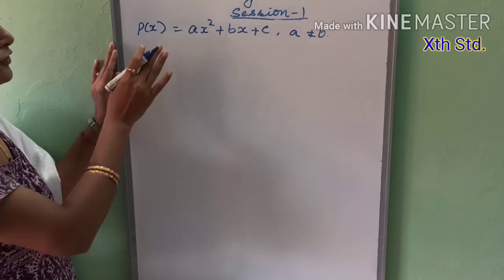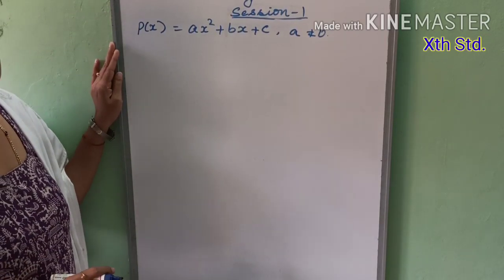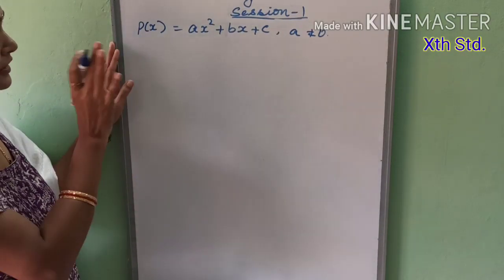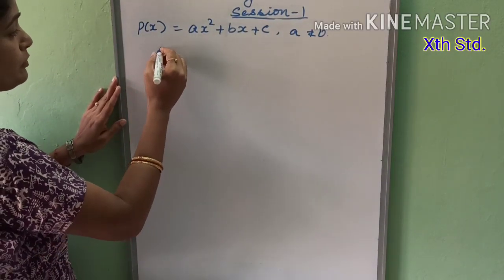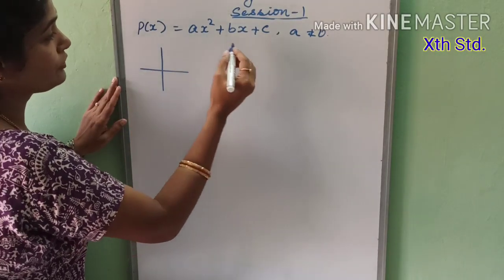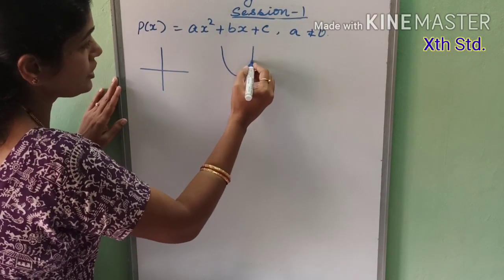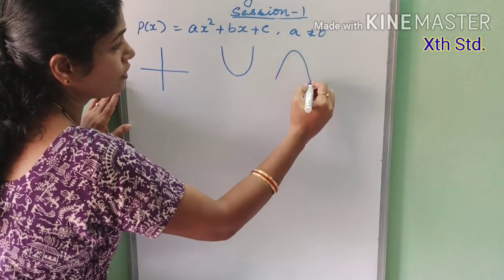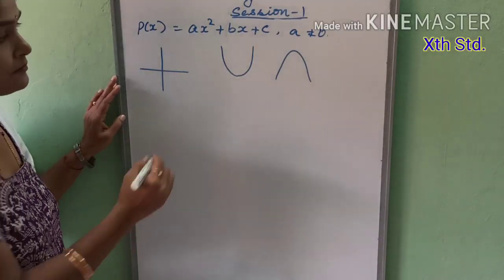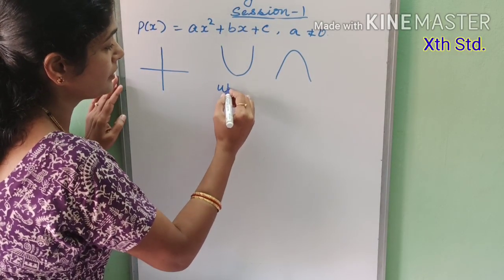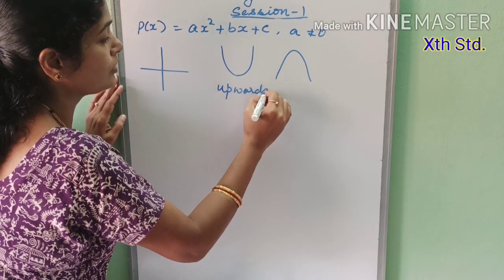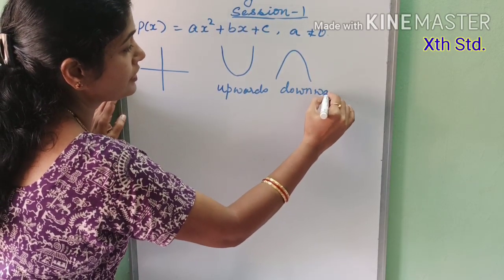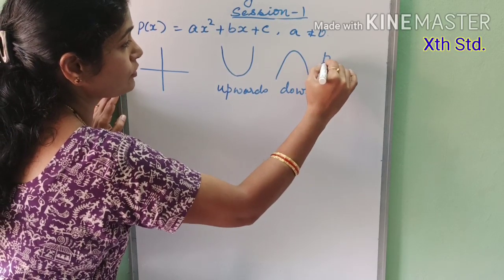If you draw the graph of this quadratic polynomial, usually it is not in our syllabus to draw, but if they give the points and you plot it, the shape may be an upward curve like a U, or a downward curve. These two shapes are known as parabolas.